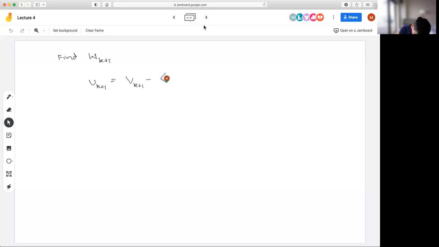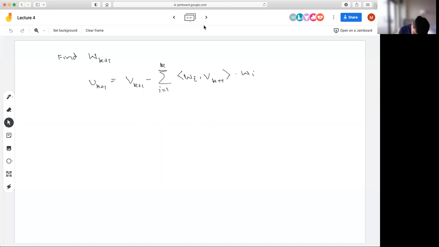Inner product of... I'll claim that this is orthogonal to everything else and has the same span, and we'll get to it in a minute.